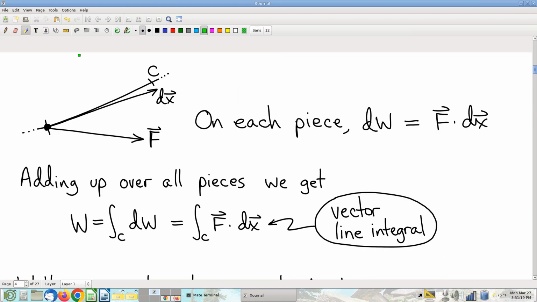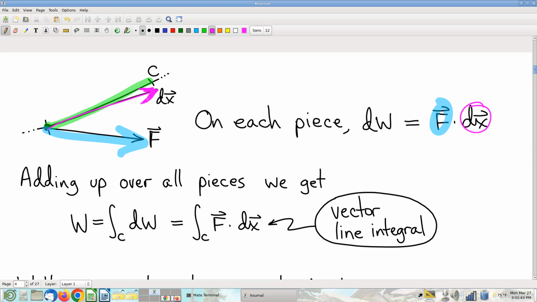In fact, we can flesh that out a little bit here. Here's that little piece of curve. We can talk about the position differential dx as our displacement, and we can talk about the force F and force dot displacement.